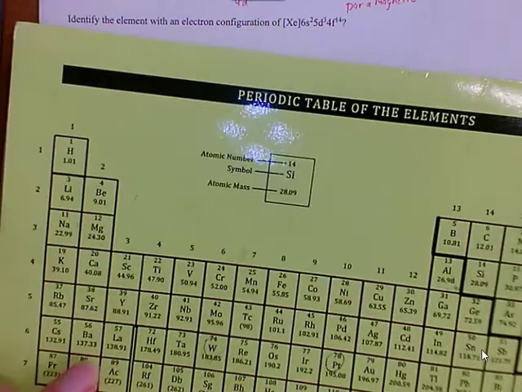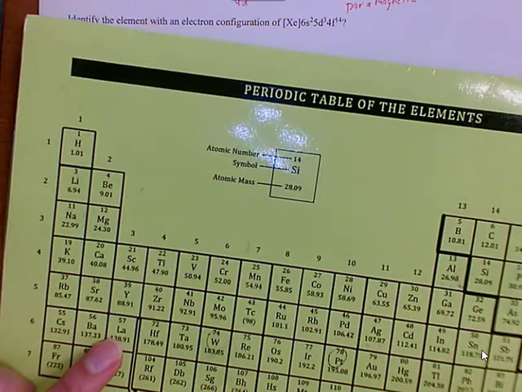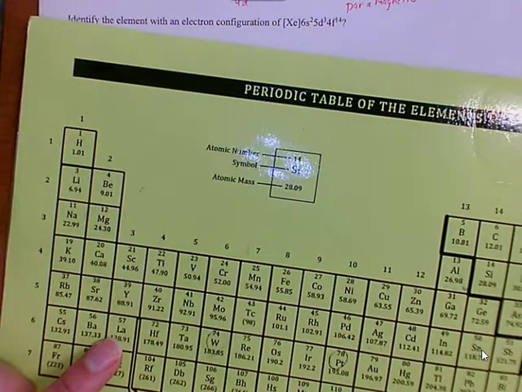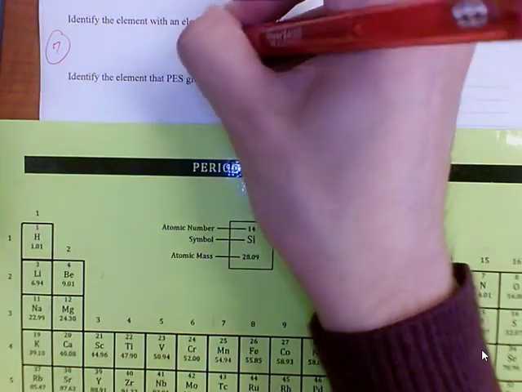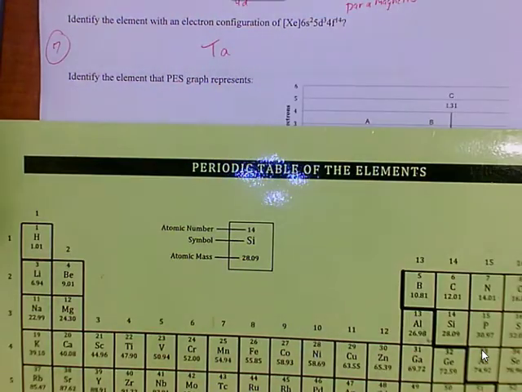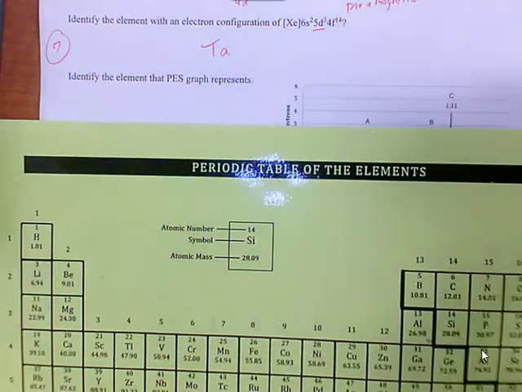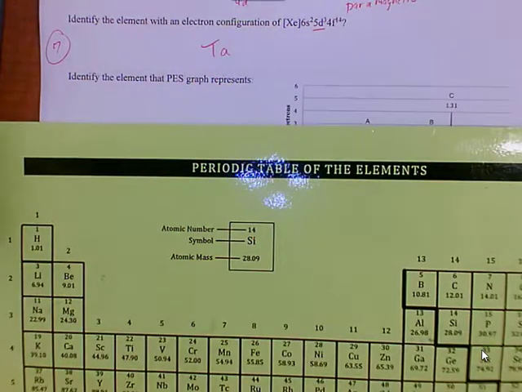So remember, you have to do the 5d1 before you can go to the 4f, but to identify the element, it's going to be 5d1, 2, and 3, and so my element will be Ta. Okay? And so 5d was technically the last one I wrote, so that was the one I look at. My 5d3, 1, 2, 3, Ta.